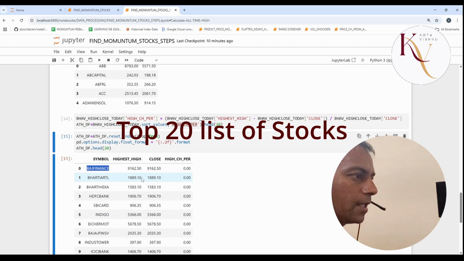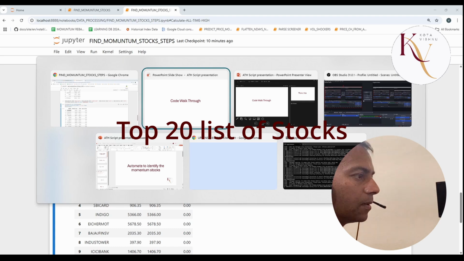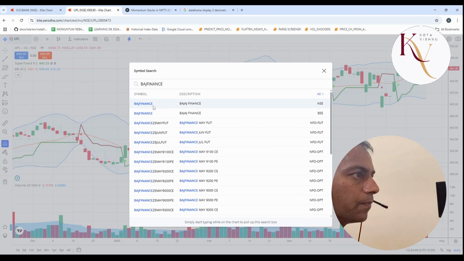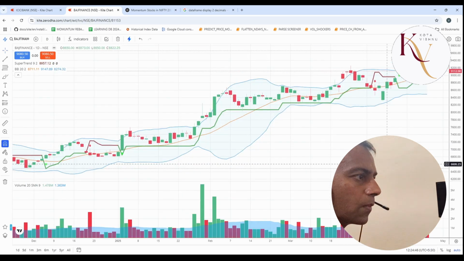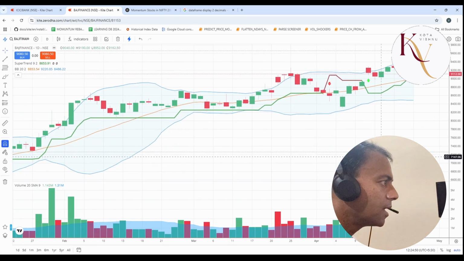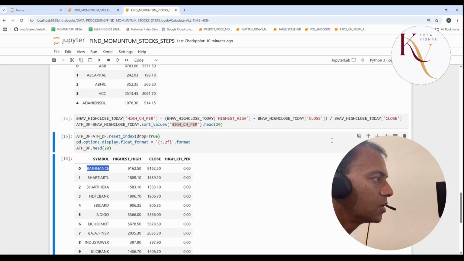Now let's see how close it is for Bajaj Finance. Remember we have taken 17th April as our last trading day. So this close is here, and here, if you see, this is the all-time high within this range. So it is very close.